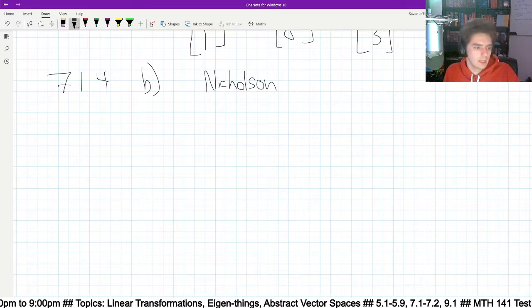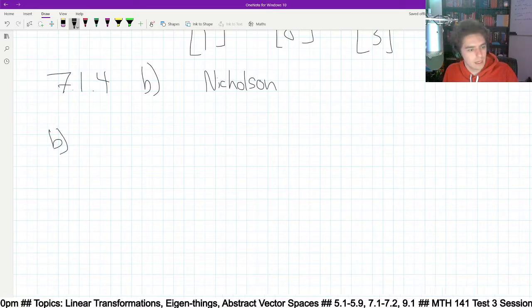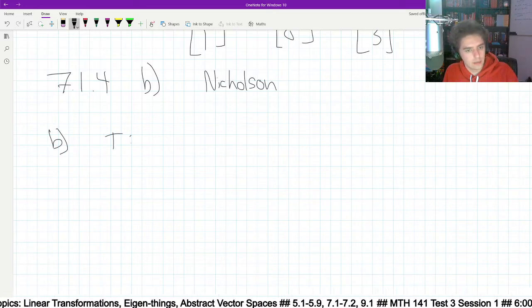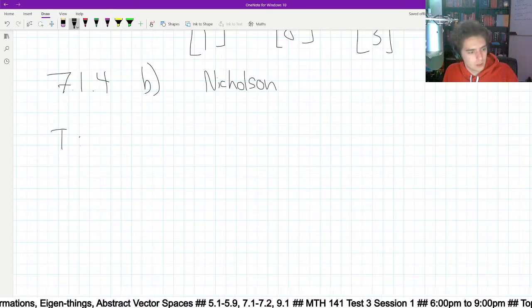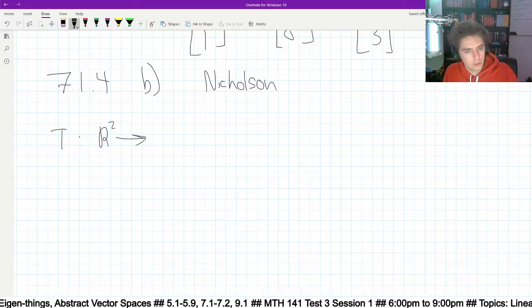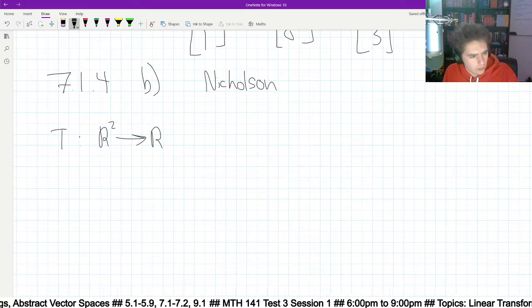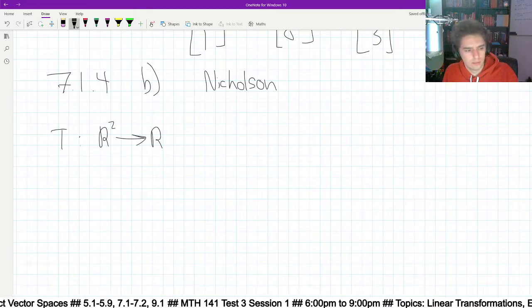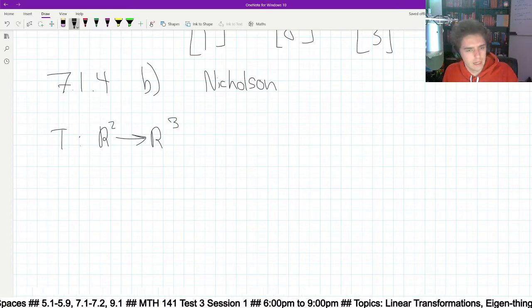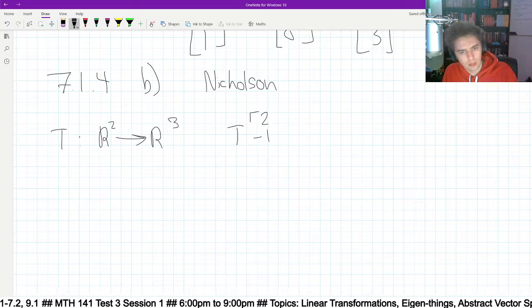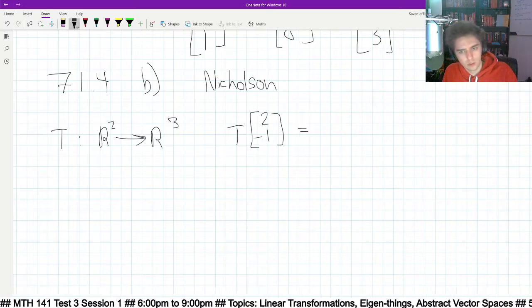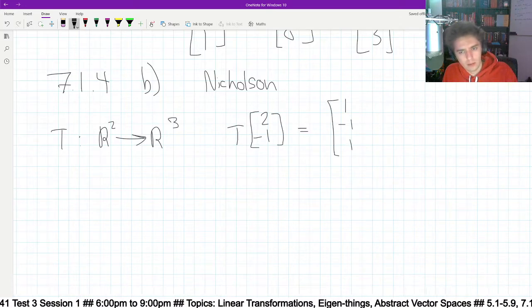Okay. What this says is that there's a transformation T that goes from R2 to R3, and it's defined like this: T of (2, -1) is equal to (1, -1, 1).